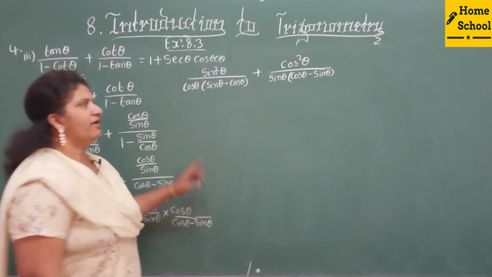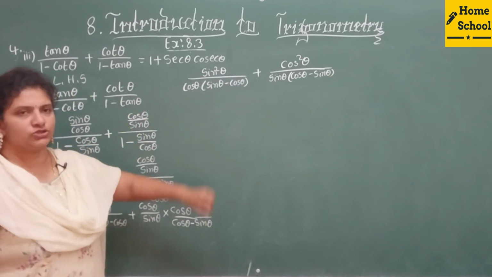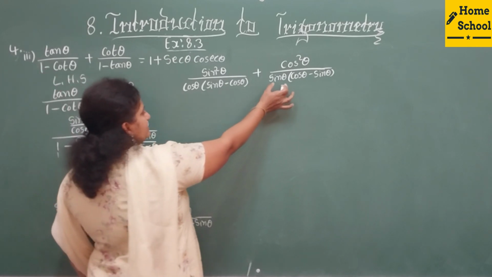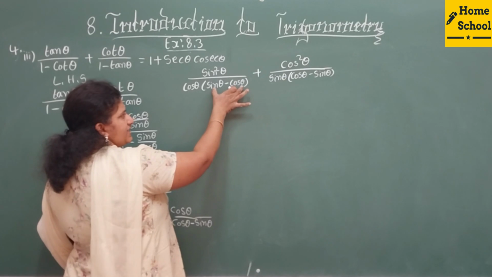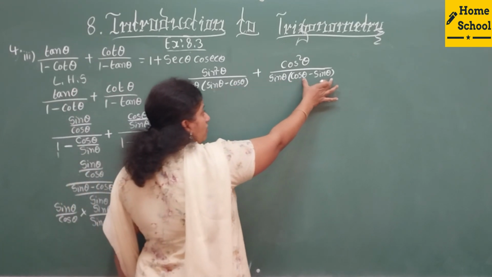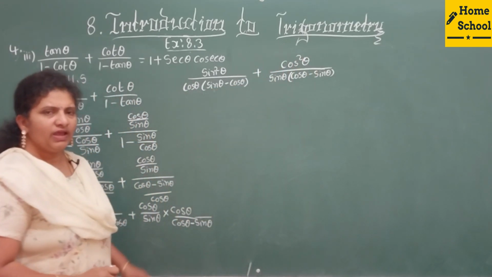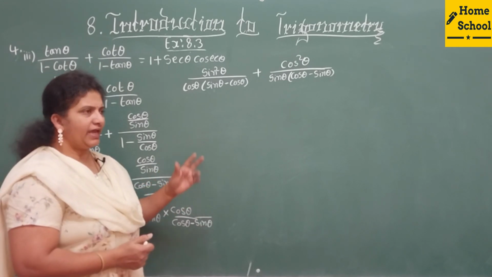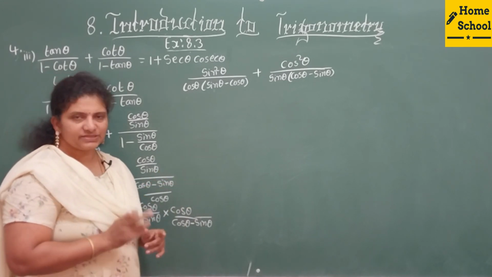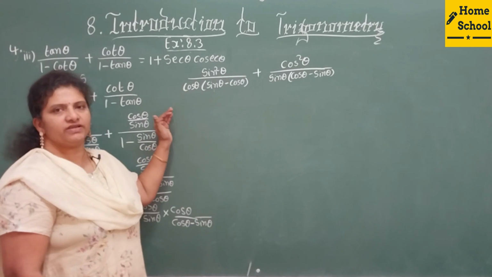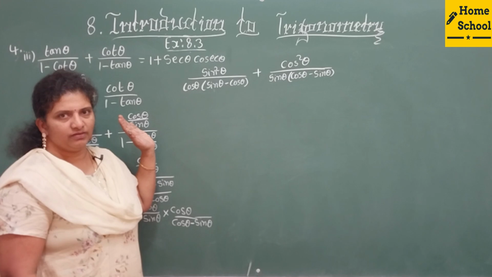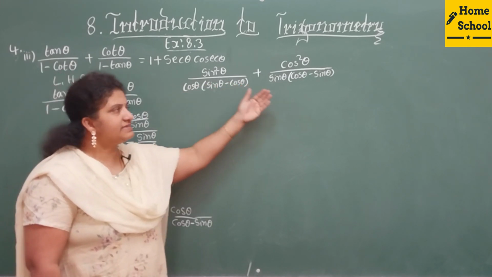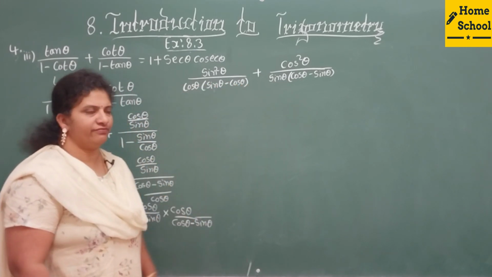Now we need to do the LCM for these two. Observe carefully: sin theta, cos theta. Now what about sin theta minus cos theta and cos theta minus sin theta? Are those two different? Can we make them the same? Yes, we can make them the same. Most of the children will stop the problem here itself. Don't panic, children. This is the step you should remember carefully.